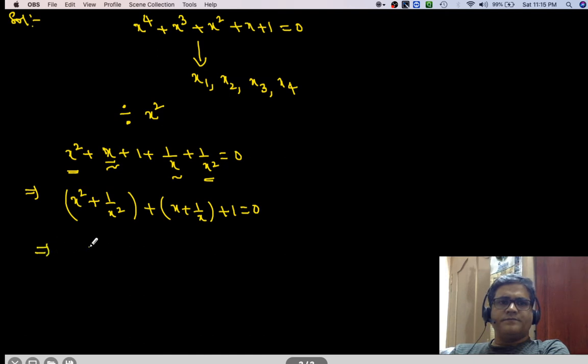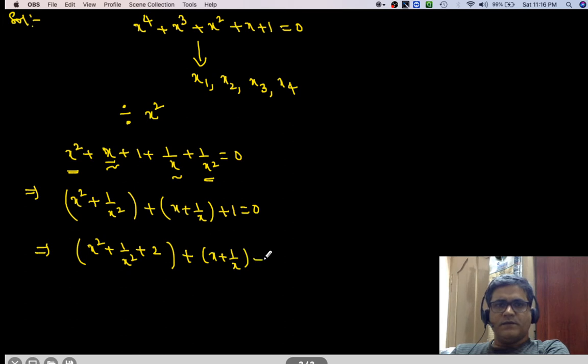Now in the first bracket, x square plus 1 by x square, I will add 2 to make it a perfect square, plus x plus 1 by x plus 1. Here we added 2, so to balance it, subtract 2.